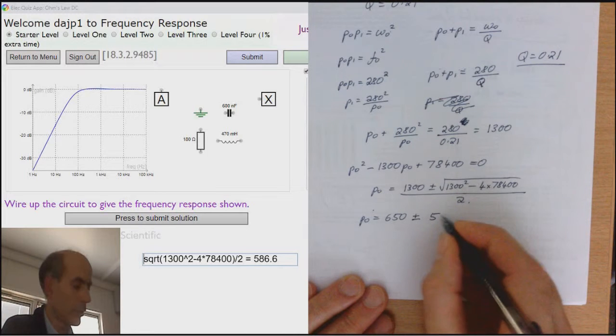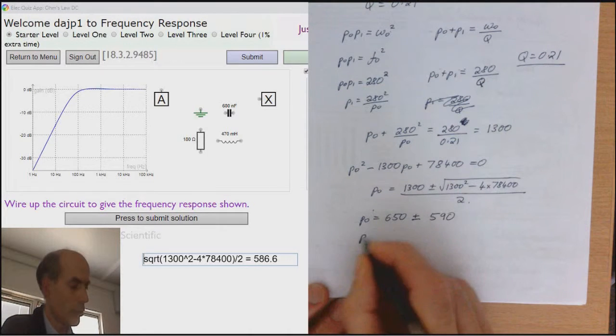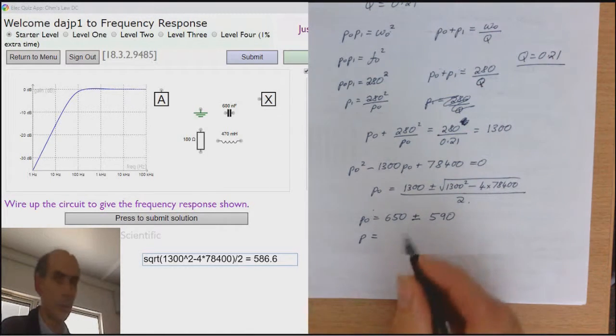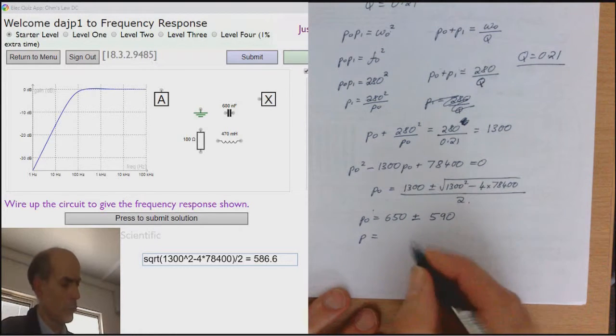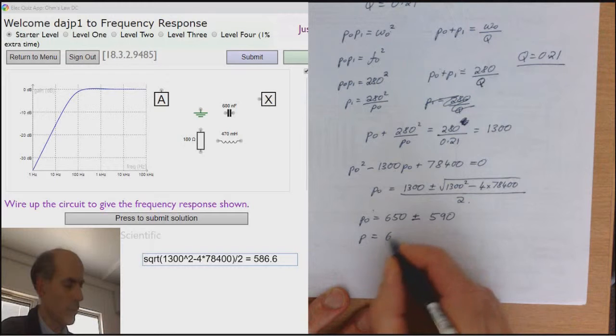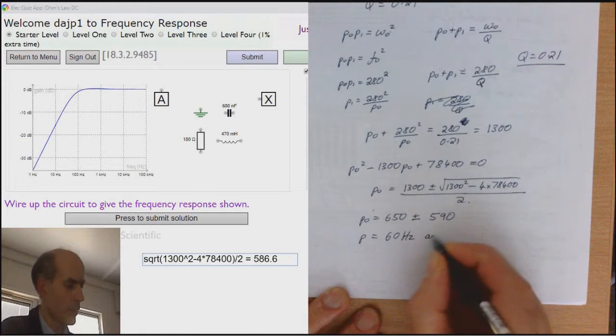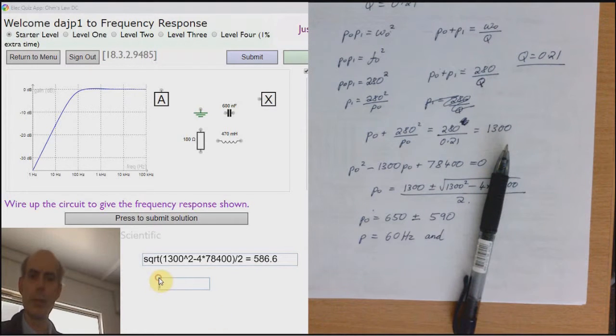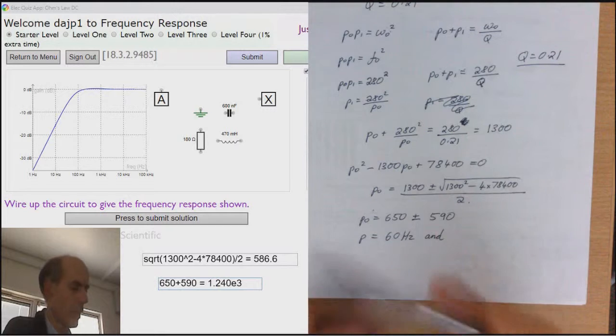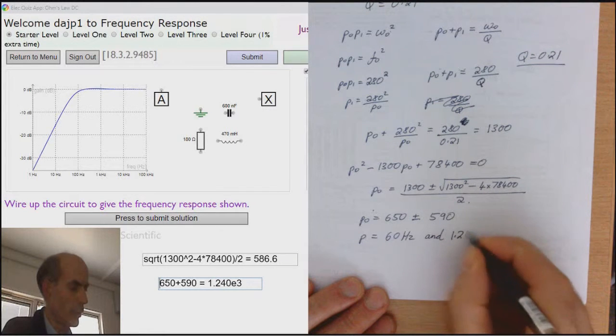Call it 590, it's near enough. So the poles would be at 650 minus 590, which is round about 60, and 650 plus 590, which is about 1.24 kilohertz.